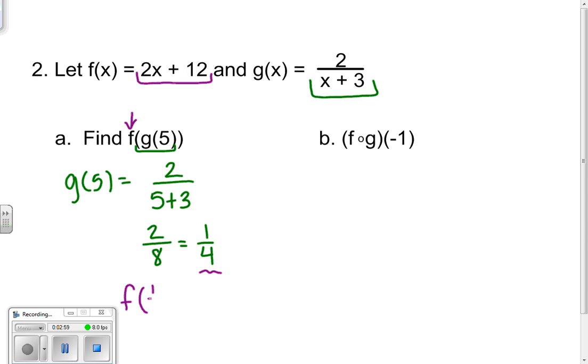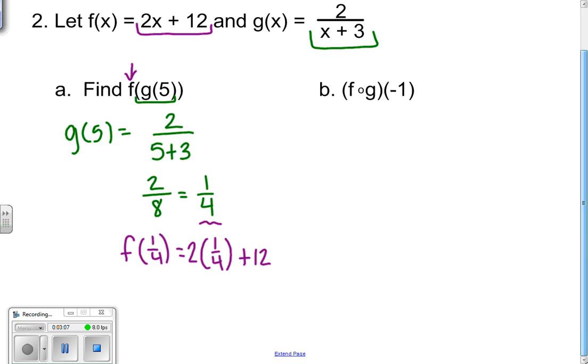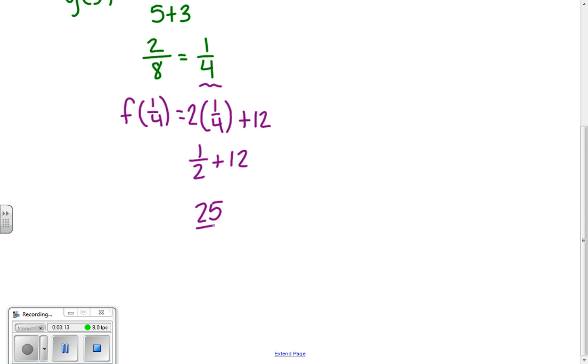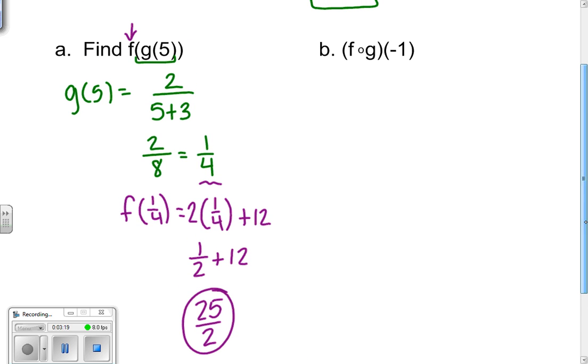So f of 1/4 means I should do 2 times it, so times 1/4, plus 12. 2 times 1/4 is 1/2, and 1/2 plus 12 is 25 over 2. You can have a fraction, you can have a decimal, you can have a mixed number, although that's probably not preferred.